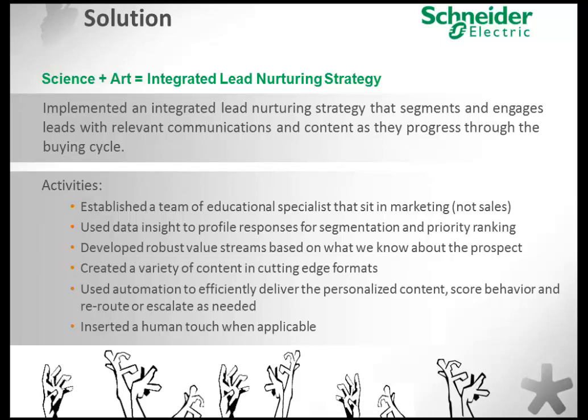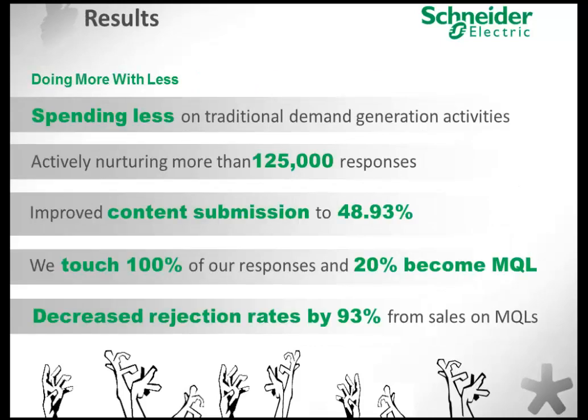Michelle, can you share some of the results from the nurturing programs that we've implemented the last couple of years? Yep, absolutely. The biggest thing is that we've been able to really do more with less. I know that sounds kind of cliche, but through using these automation efforts, we've been able to touch 100% of the responses that come in.